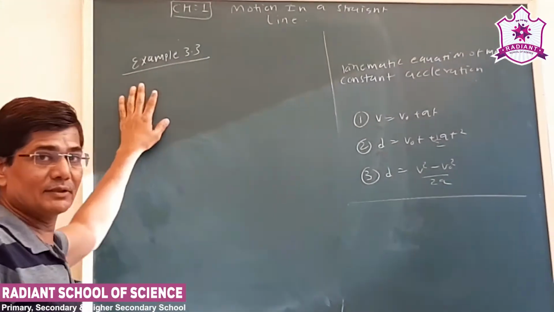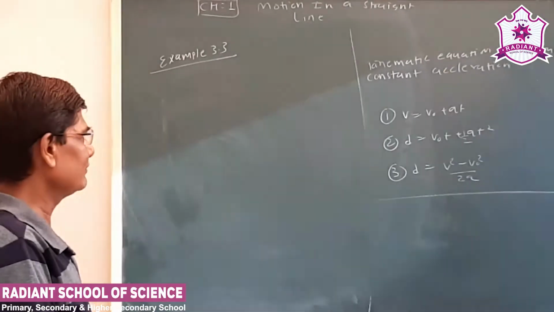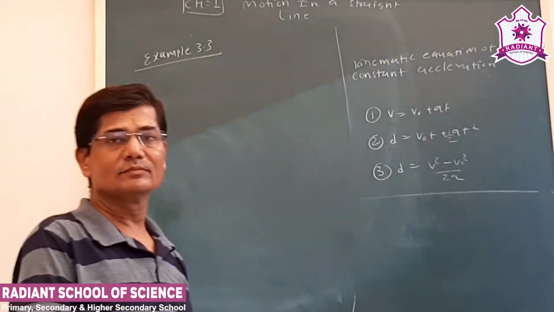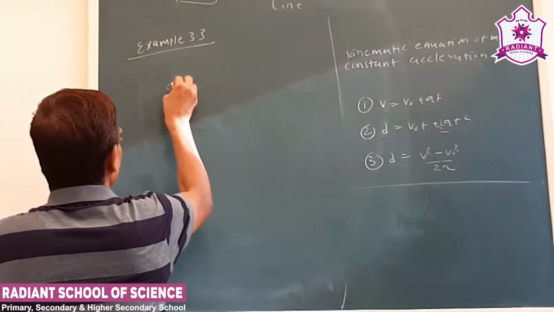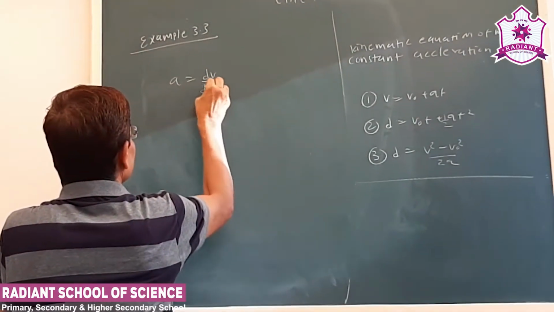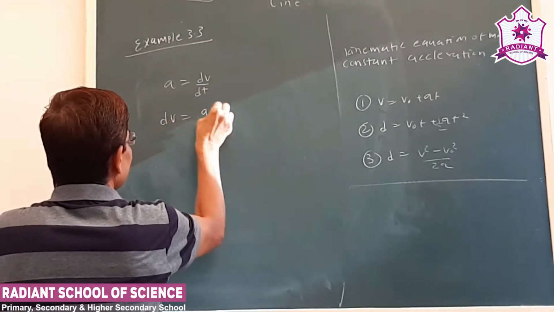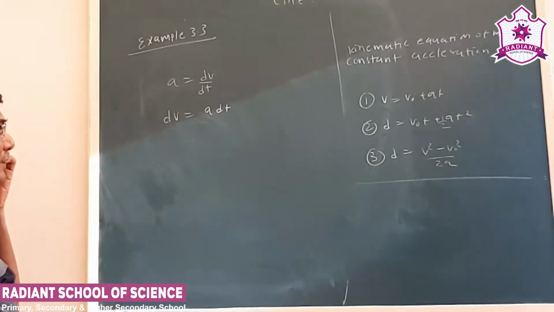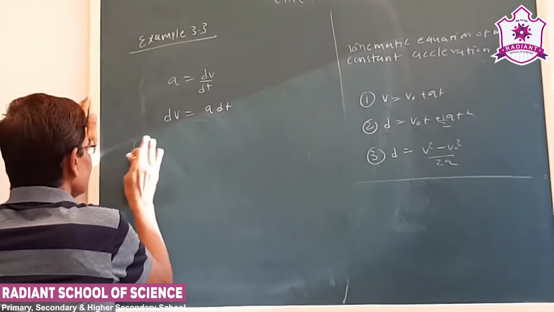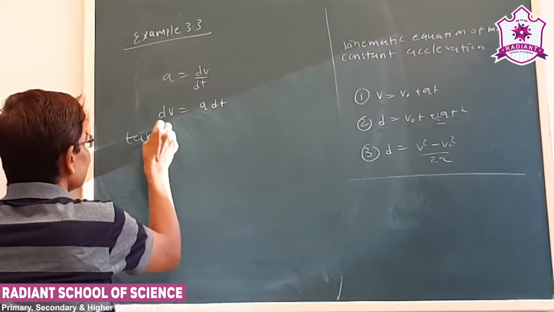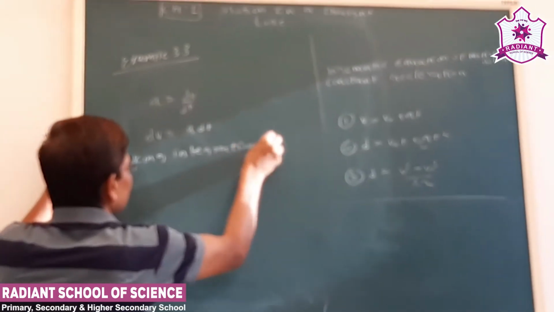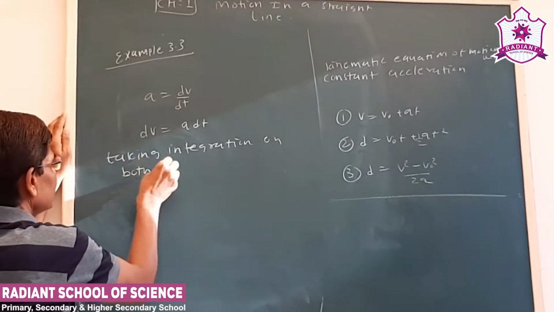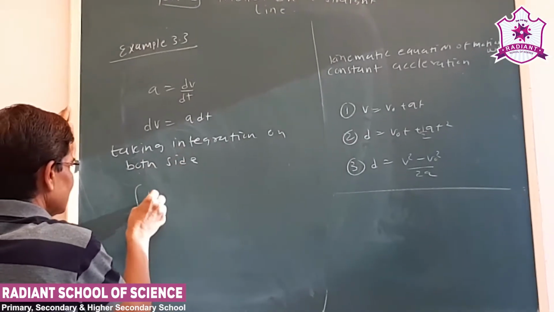Our example 3.3 is the same, that is we have to derive these equations using calculus. Now we know acceleration is dv by dt, so dv is equal to a dt. Now if I take integration on both sides, that is integration dv.